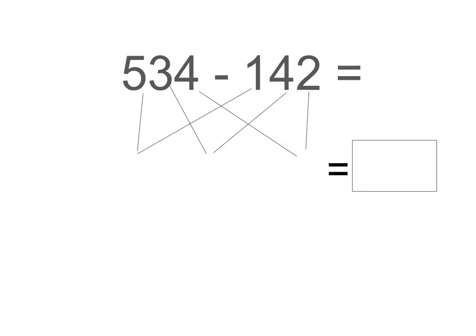534 minus 142. Combine your hundreds, which is 500 minus 100 equals 400. Do 30 minus 40. Well, notice the 40 is larger, so it's minus 10.